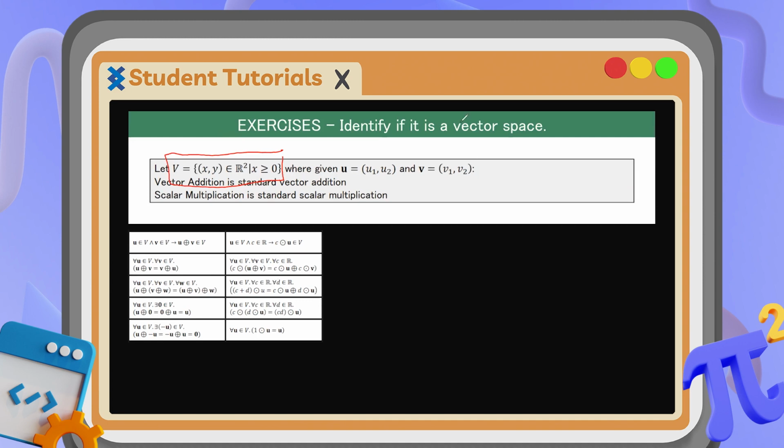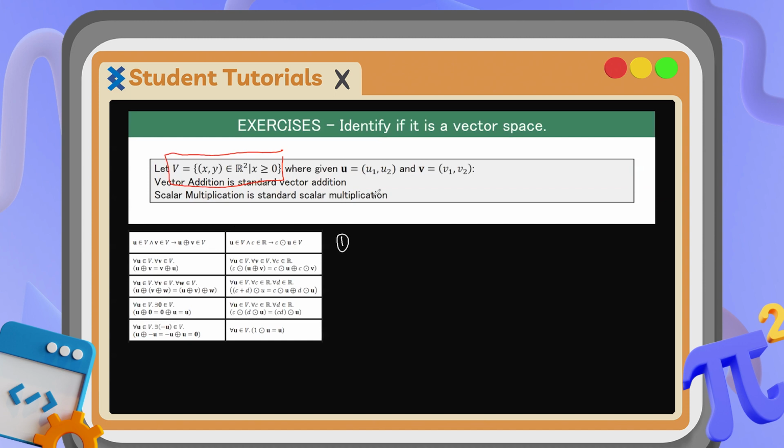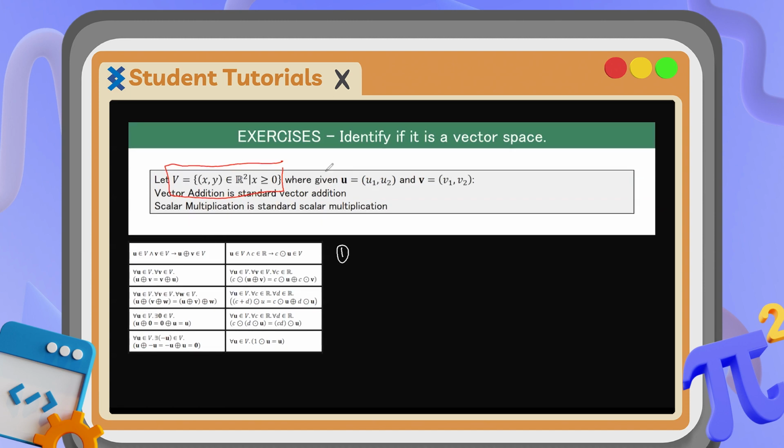Usually when we evaluate vector spaces, the first things to evaluate are the closure properties of vector addition and scalar multiplication. So let's evaluate those first. In evaluating the closure property of vector addition, we apply the rules provided, standard vector addition, so we simply add them as is.